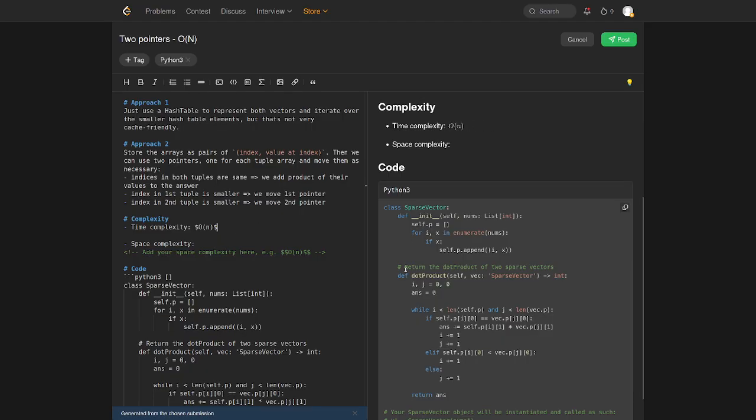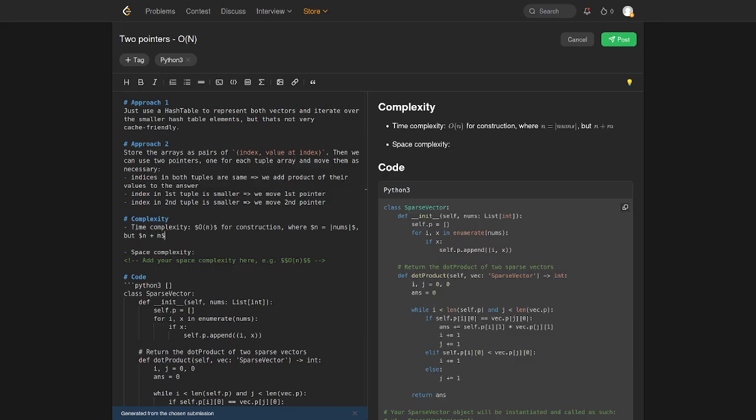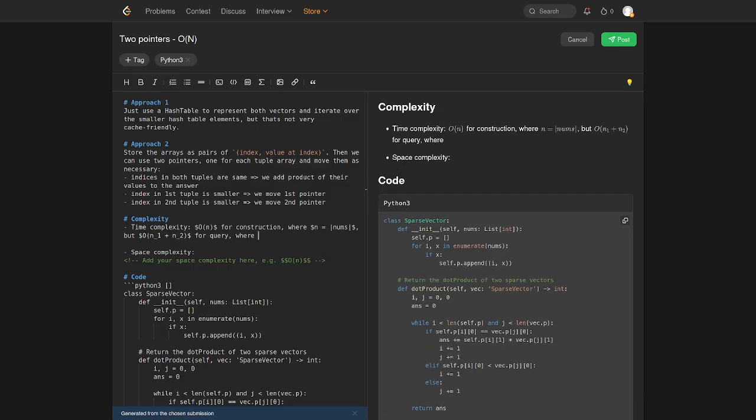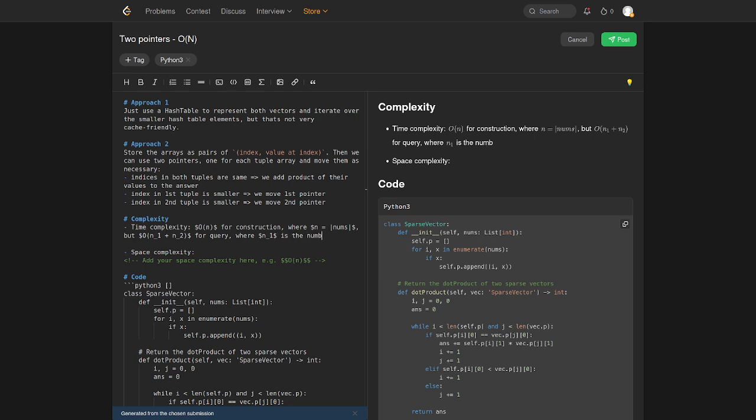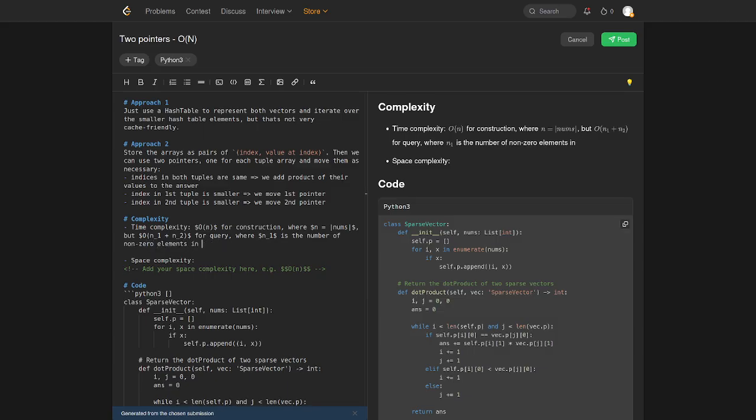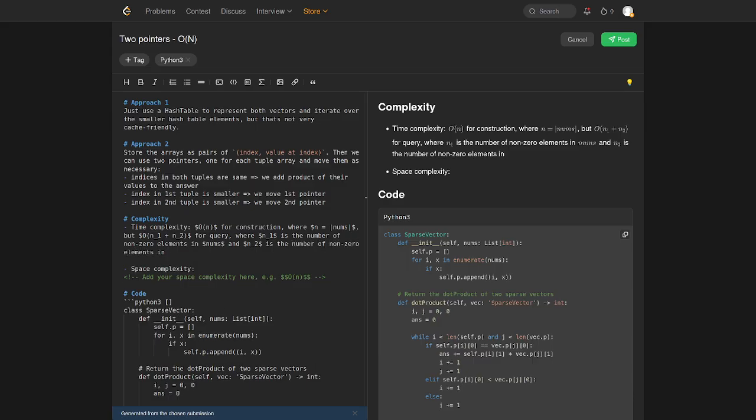So construction is n plus m, but in theory the query is not O(1), it's O of n1 plus n2 per query, where n1 is the number of non-zero elements in nums and n2 is the number of non-zero elements in the original array of vec.